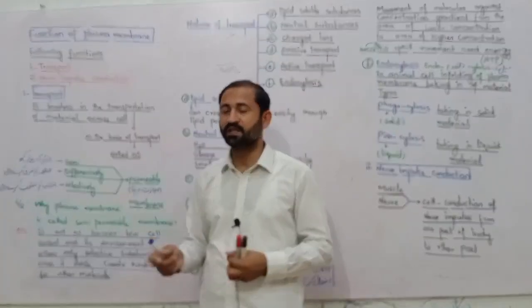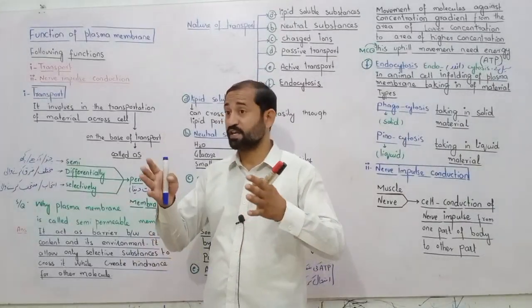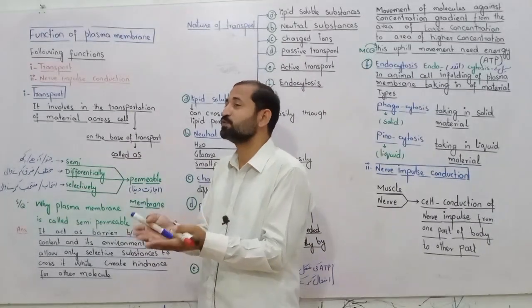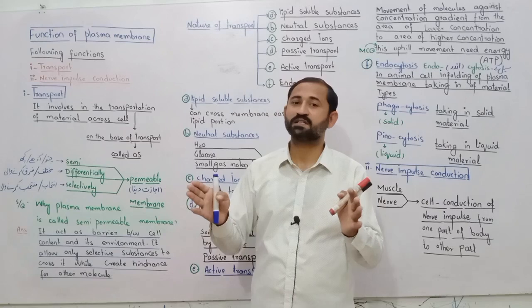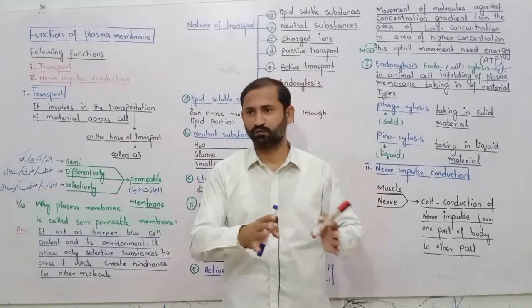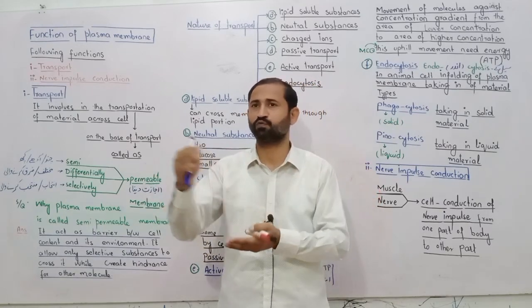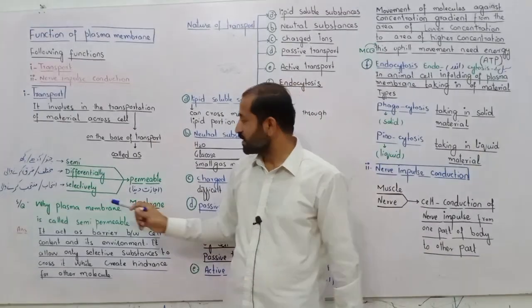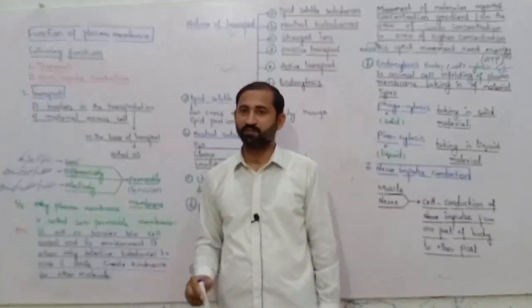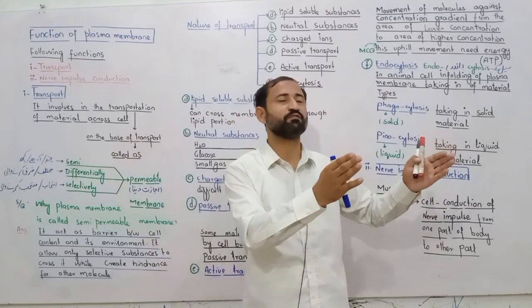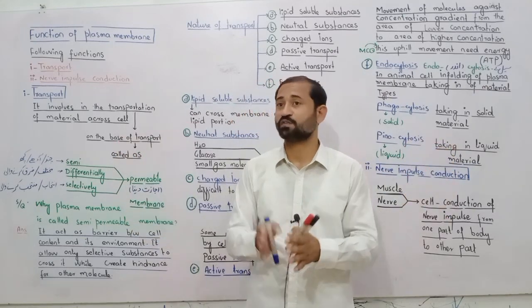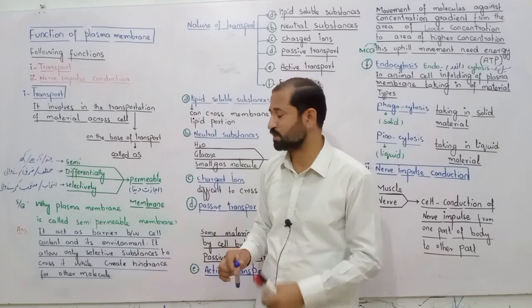Differentially permeable: it differentiates between molecules, allowing some to pass through while causing hindrance for the majority, so it differentiates between molecules that cross and do not cross. Selectively permeable: it selects some molecules that are allowed to cross the plasma membrane, whereas it does not allow others to cross.